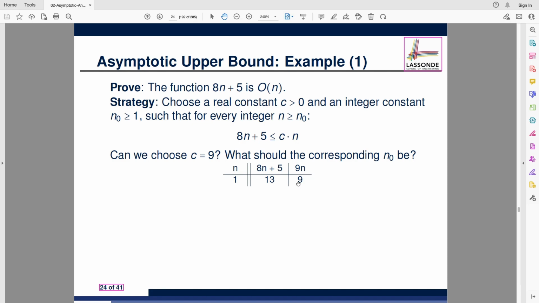All right? Just notice that. What about when n is equal to 2? Can n0 be 2? Also no, because 21 less than or equal to 18 is also not the case. All right? What about 3? 29 less than or equal to 27 is also not the case, but we're getting closer. What about 4?